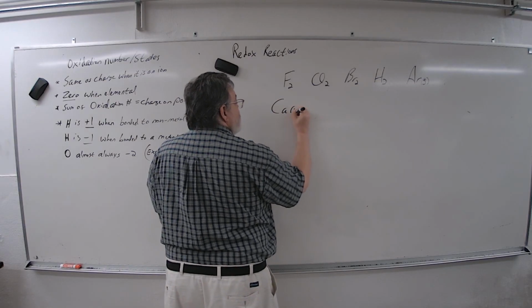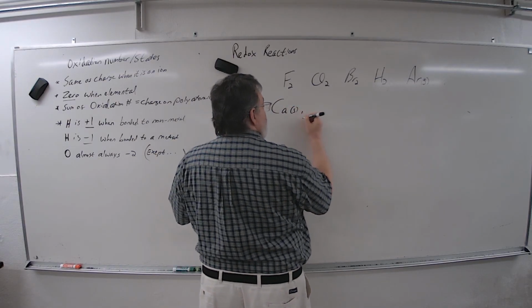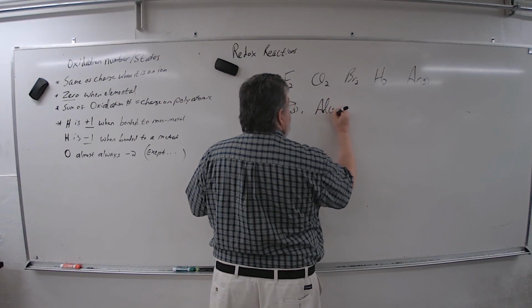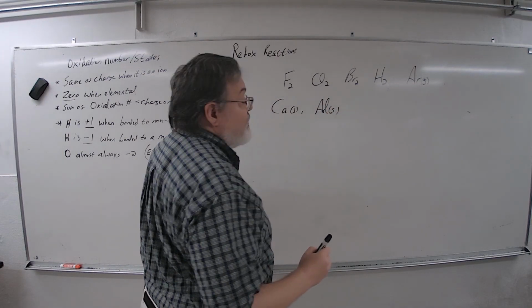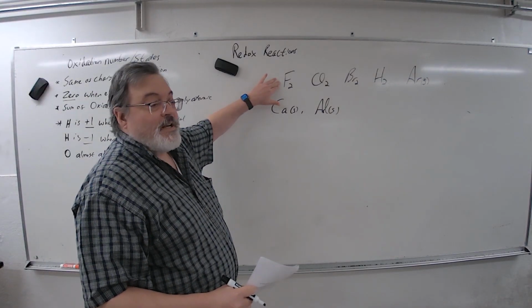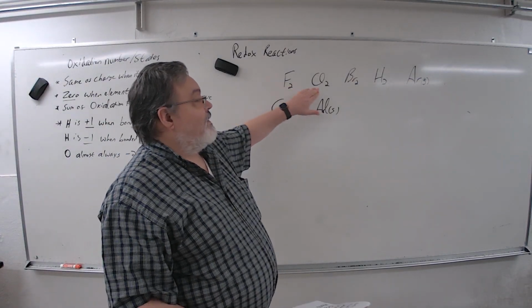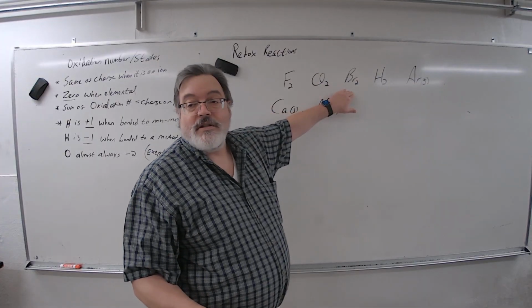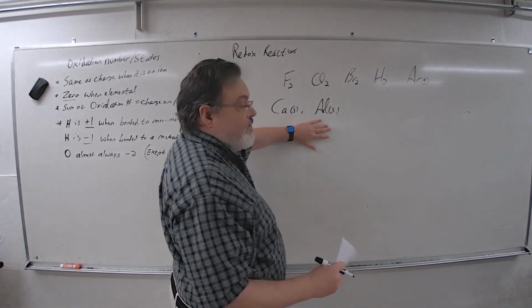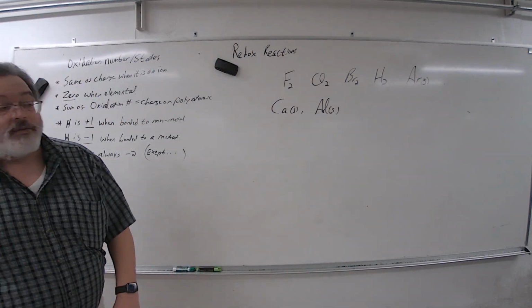What if you just had calcium as a solid? Anything else, any metals that are just solids? Aluminum as a solid. These are all elemental, meaning the oxidation number for fluorine in this compound is 0. Chlorine here is 0, bromine is 0 here. So that's what this is saying. When it's elemental, that just means only one type of atom is in the compound.